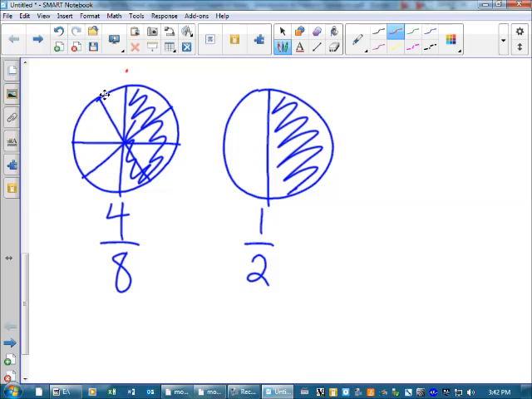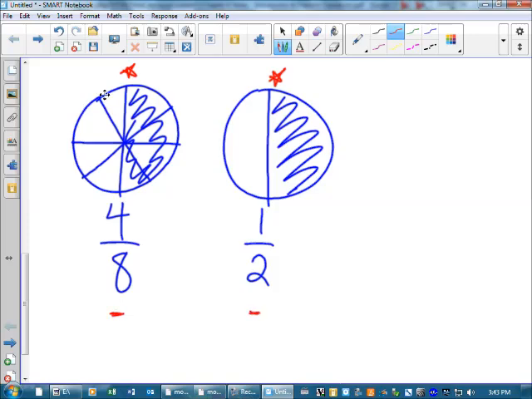Now, what can we say about these 2 fractions here? They are the same value. They're the same size. This first one right here, that's half of the pizza. This one over here, that's also half of the pizza. In both cases, half of the pizza was eaten. So these fractions, this one and this one, are what we call equivalent.